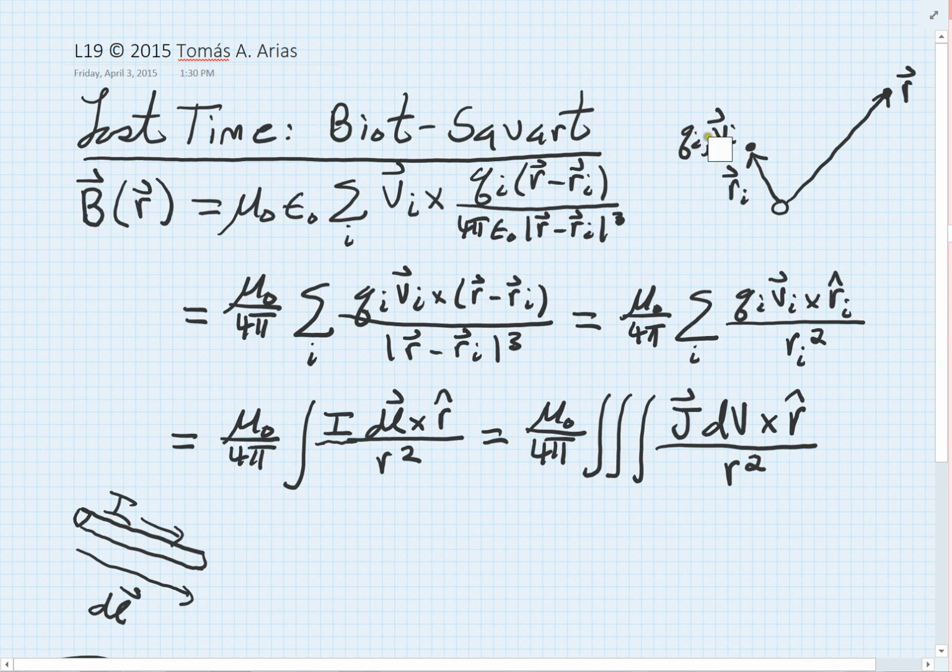Q sub I is its charge. And because we are talking about magnetic fields, the velocity definitely enters into the equation, and the velocity of the corresponding particle we denote V sub I.